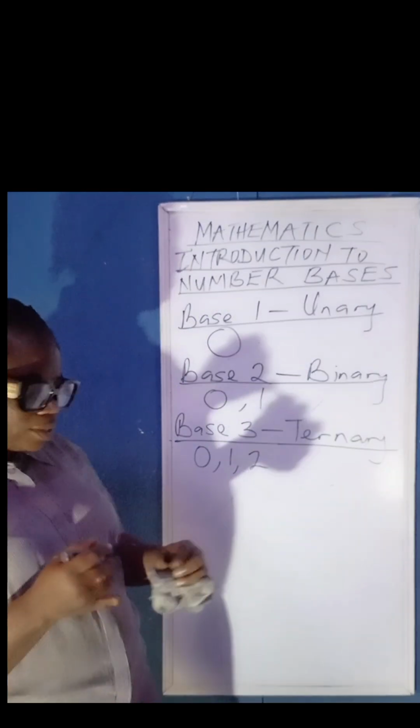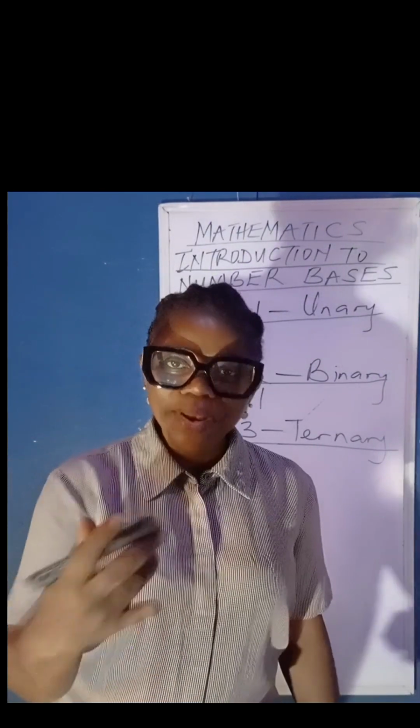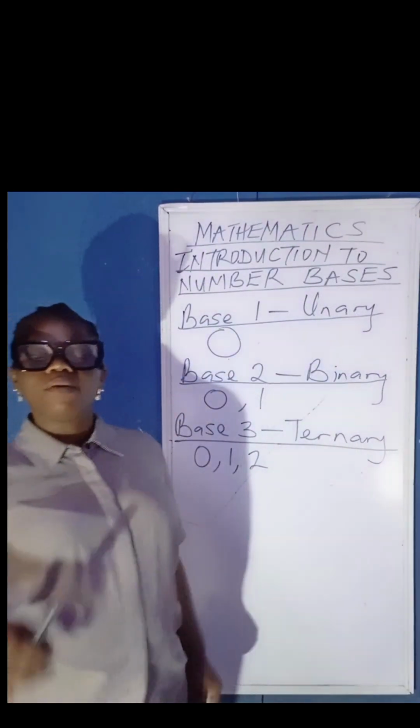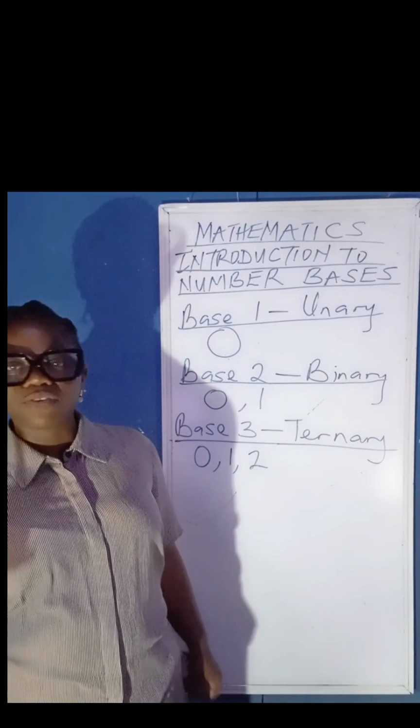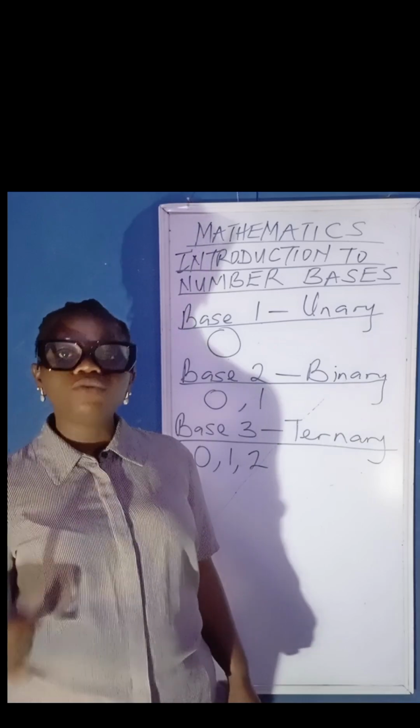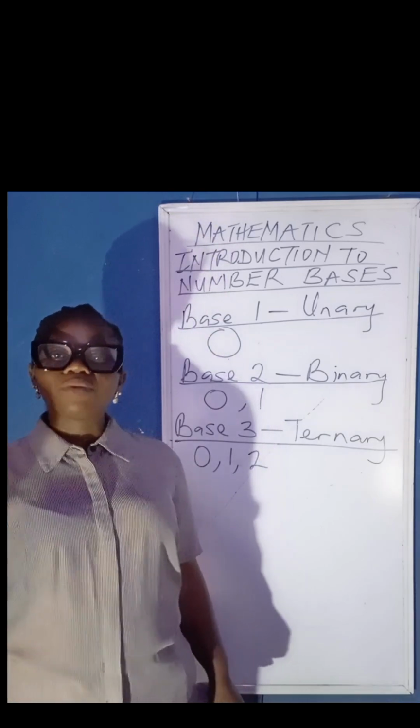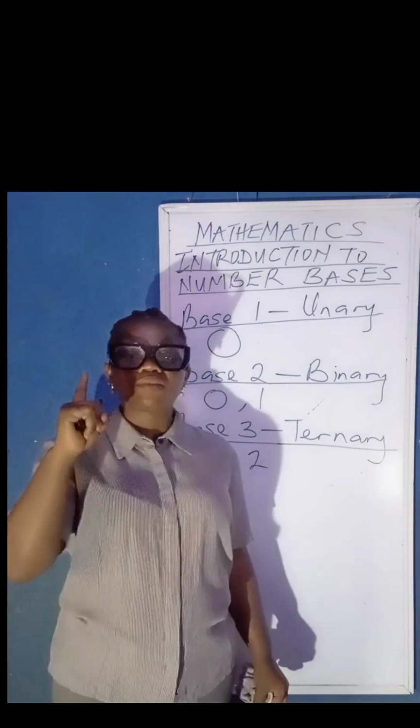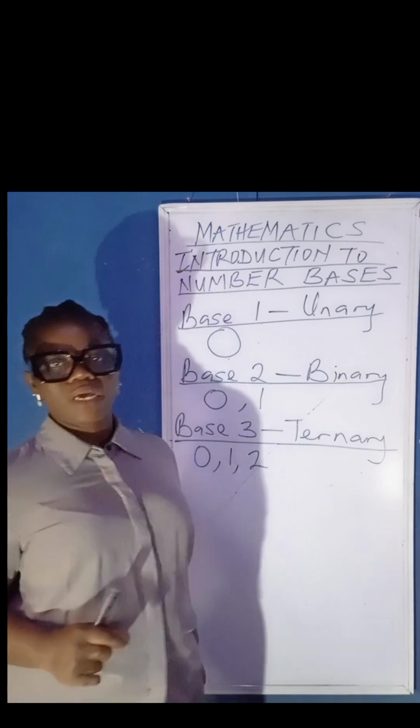These are the only digits in base 3. I believe by now you are already helping me mention the digits in base 4 as 0, 1, 2, and 3, because there is never a single digit that is up to the base or more than the base.